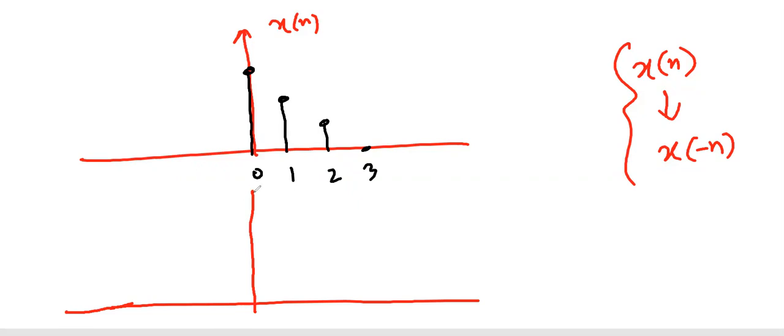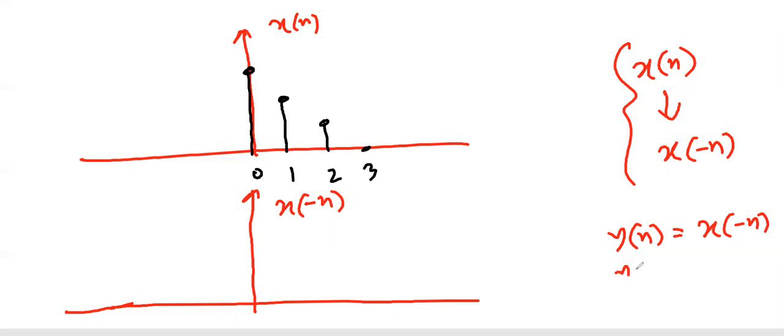So folded means, as we have also mentioned, that this is x[-n]. Now your y[n] is equal to x[-n]. This folding operation is also one kind of operation. So we need to do this operation.